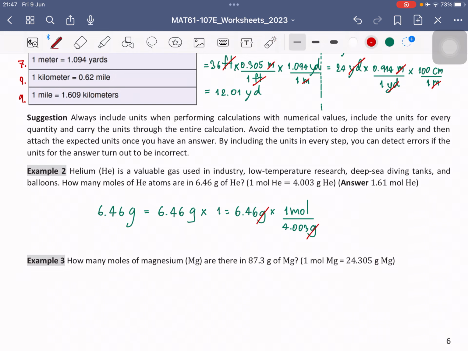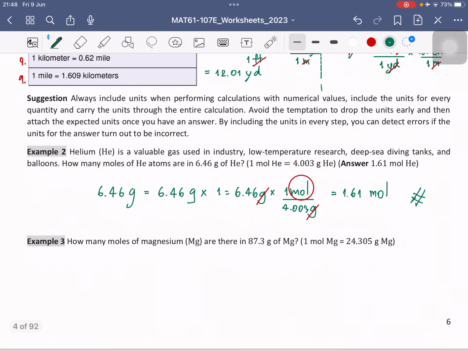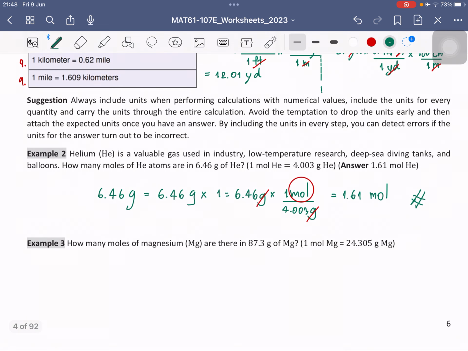Gram is cancelled by gram so the unit mole is left. If you use a calculator you will get 1.61 mole. This is the answer.